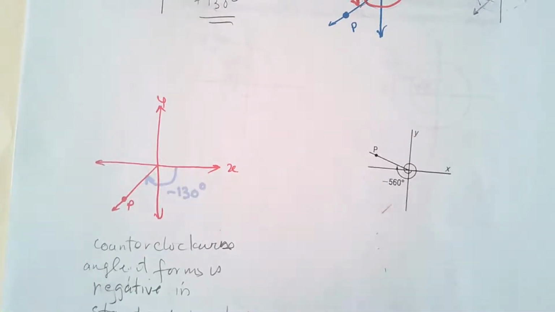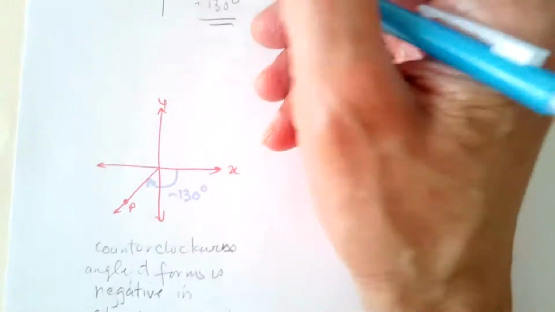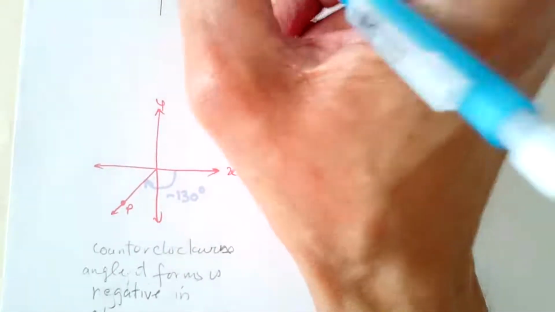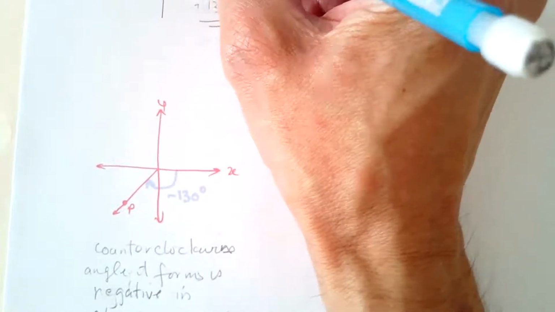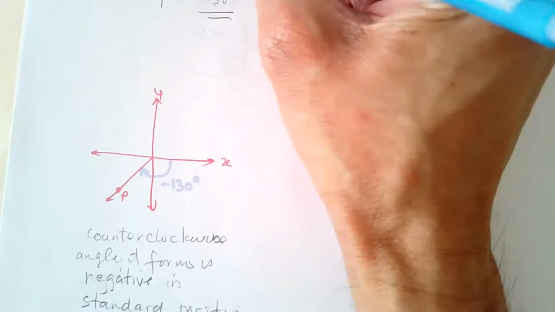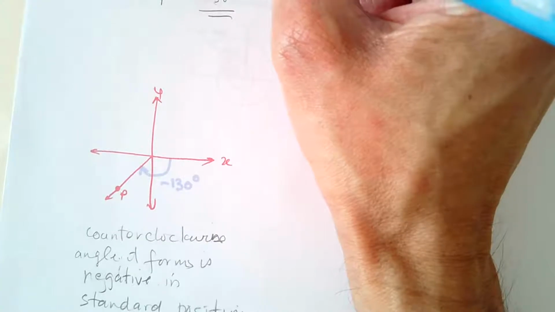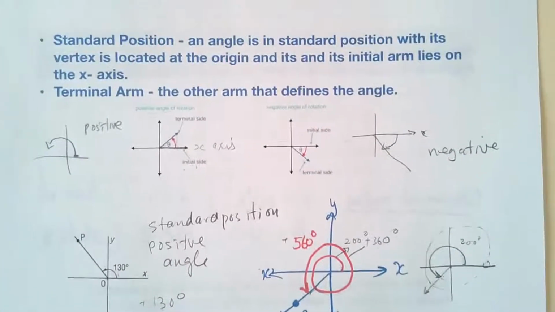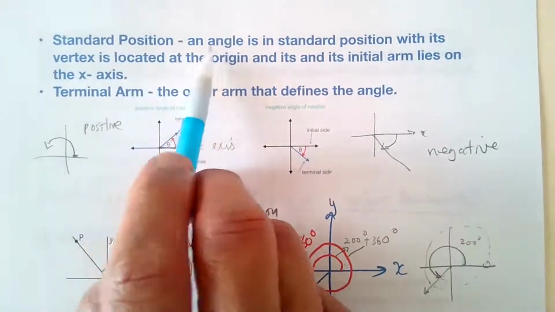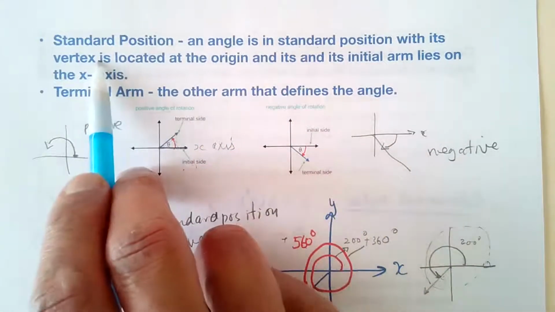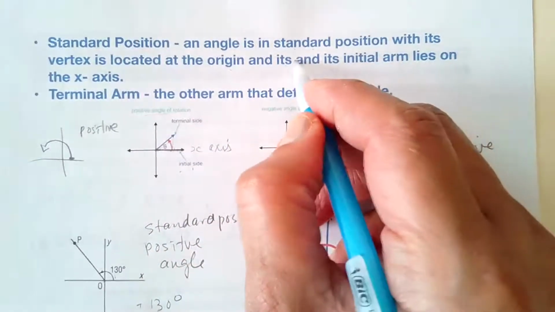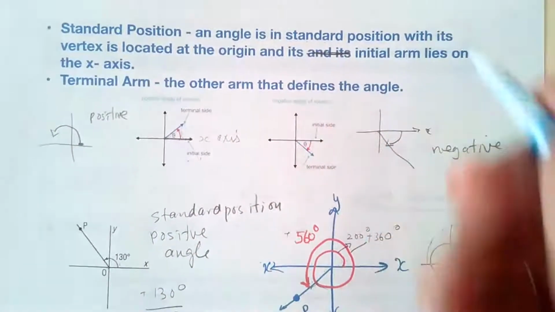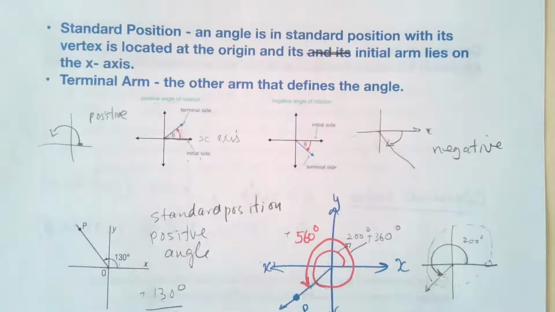This is an angle in standard position that's positive. By definition, an angle is in standard position with its vertex located at the origin and its initial arm lying on the x-axis.